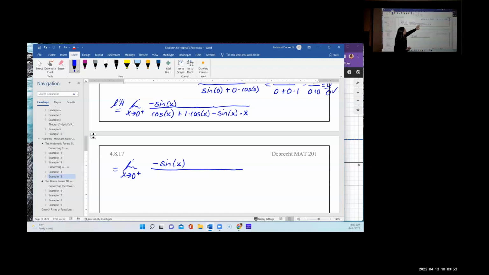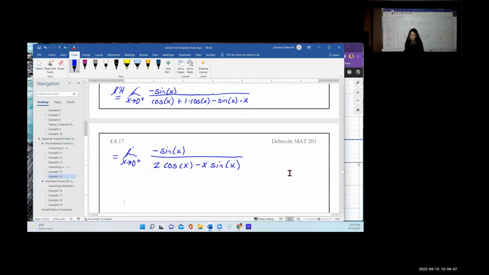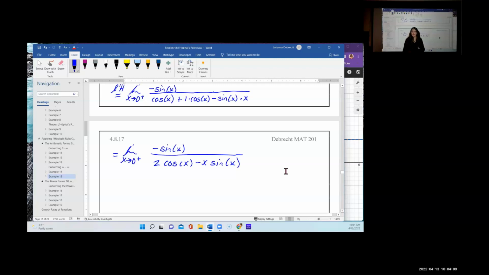Cosine x plus cosine x, so that's 2 cosine x. And then I've got minus x sine of x. And I've simplified as much as I can, so I think I should substitute in again.